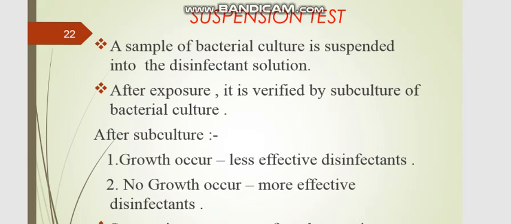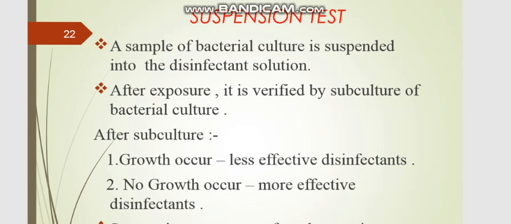Now the another test is suspension test, in which a sample of bacterial cells is suspended in the disinfectant solution. After exposure, we subculture the initial bacterial culture and check the growth.